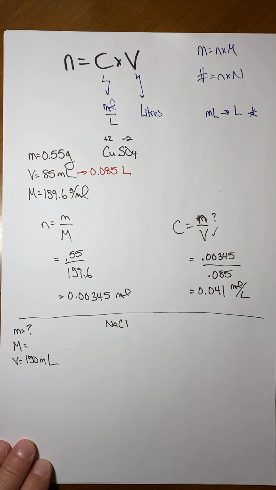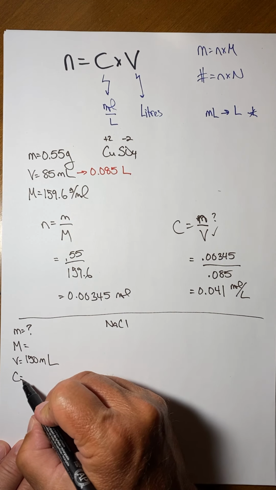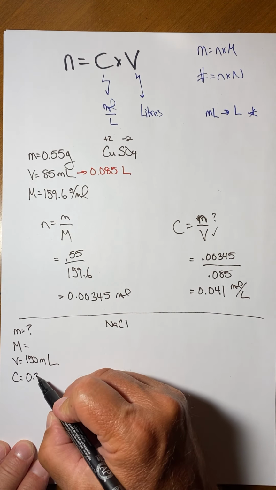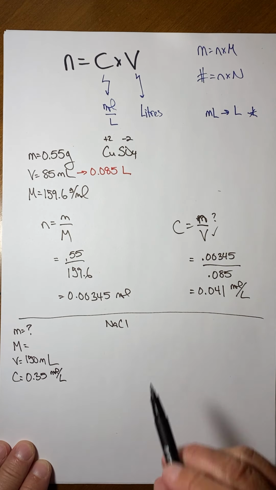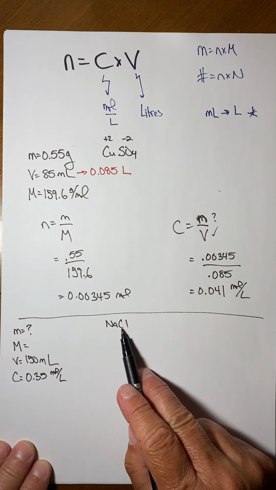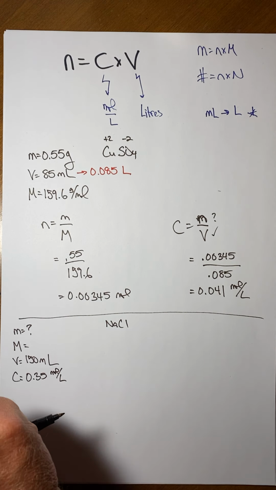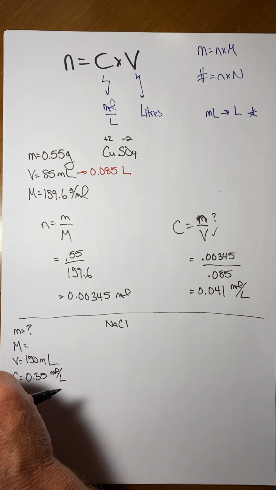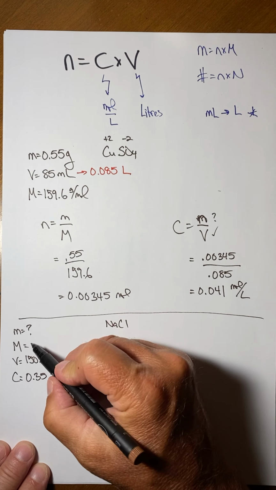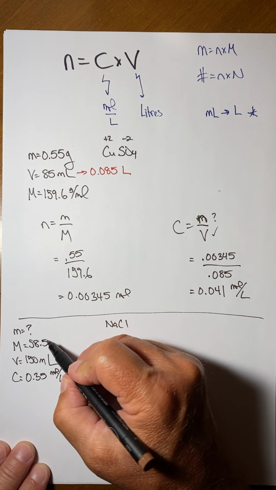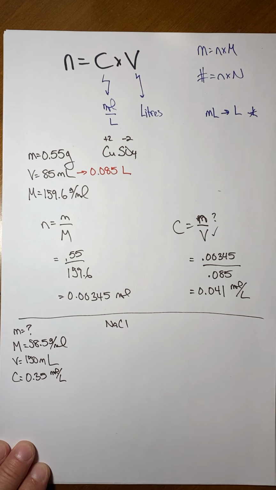The aqueous tells me that it's a solution, so that is my concentration, 0.35 moles per liter. So the first thing I'm going to do is find the molar mass of sodium chloride. Sodium is 23 plus 35.5, and that gets me 58.5 grams per mole.